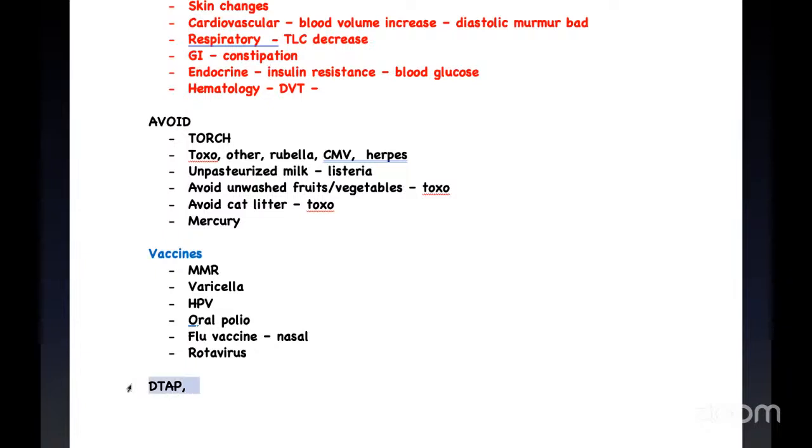So it's a test-taking strategy. This is very important information you can tell them to avoid. Live vaccines usually make them immunocompromised, and because of that, you should tell them to avoid them.